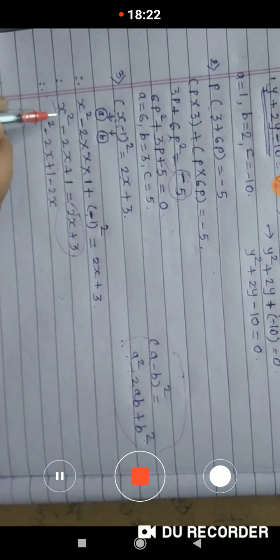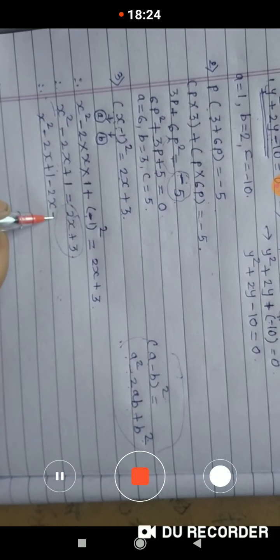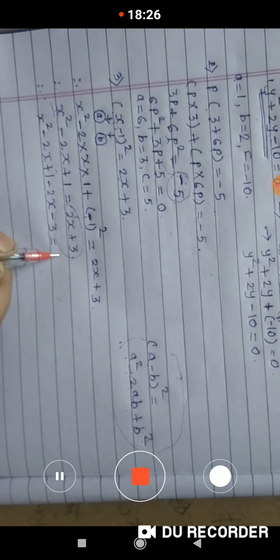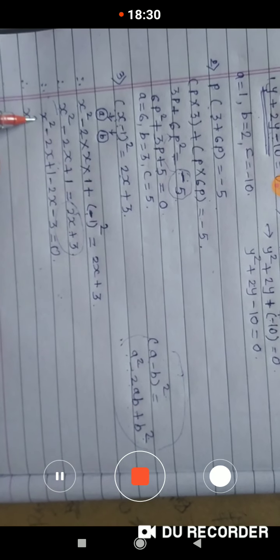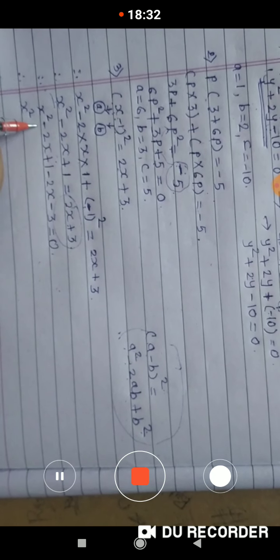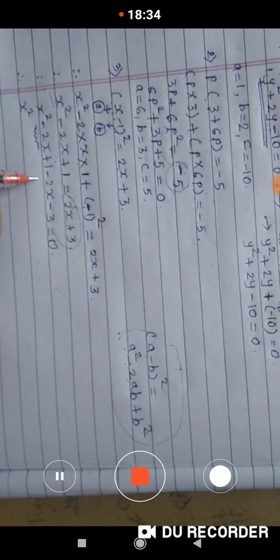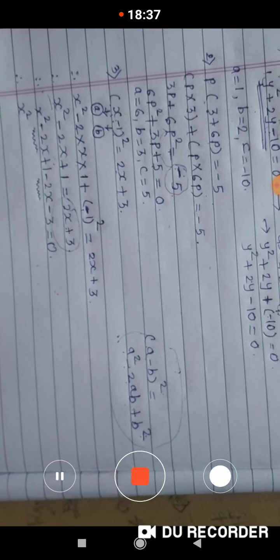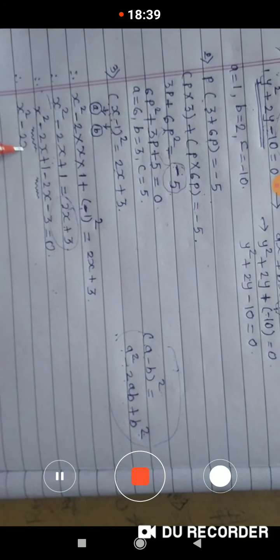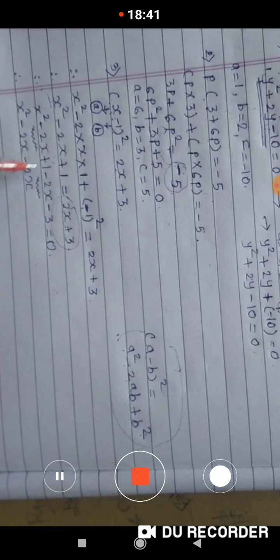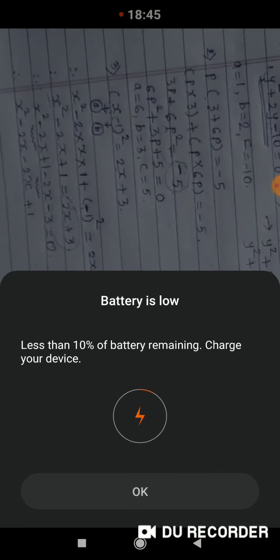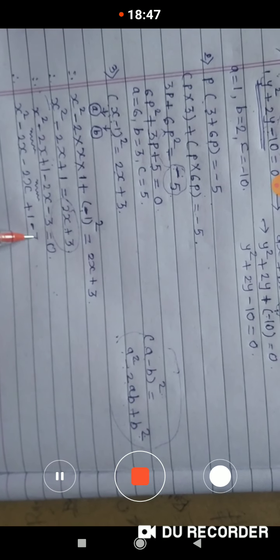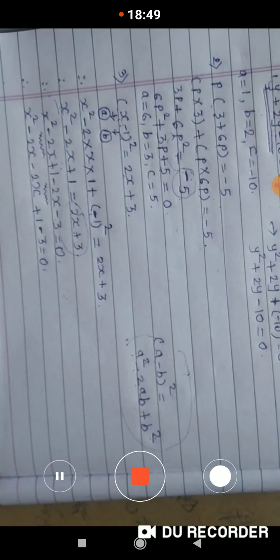Plus 3, when it goes toward the left side, becomes minus 3 is equal to 0. Okay, therefore x square. Now see, minus twice x minus twice x, plus 1 minus 3 is equal to 0.